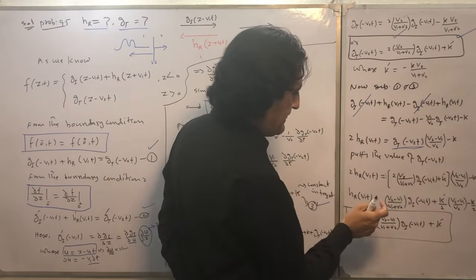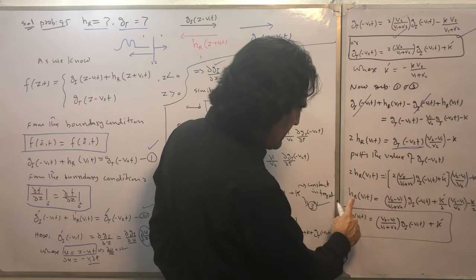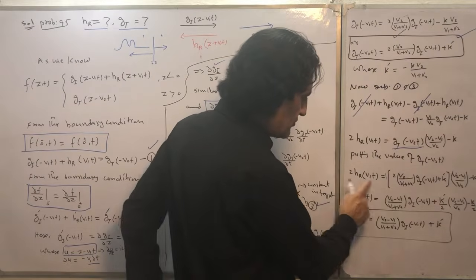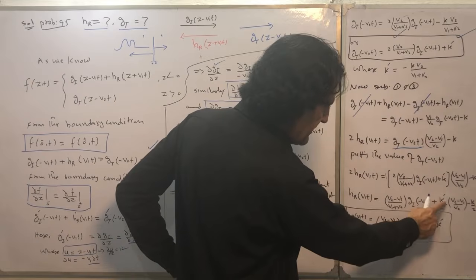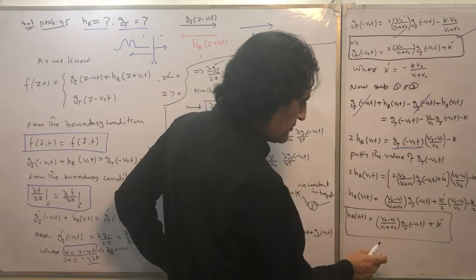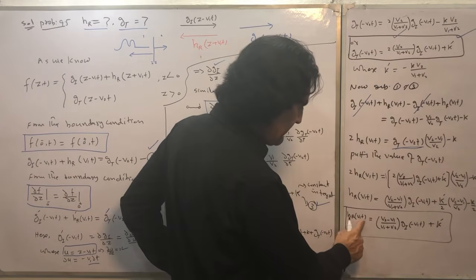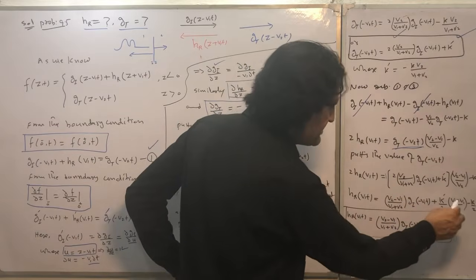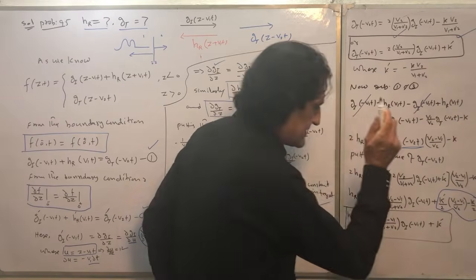minus K. And after some mathematical steps, we can divide by 2. So this 2 will cancel with this 2, and we get K prime divided by 2 minus K divided by 2. Further, HR of V1T is equal to this term, and this is very simple mathematics.